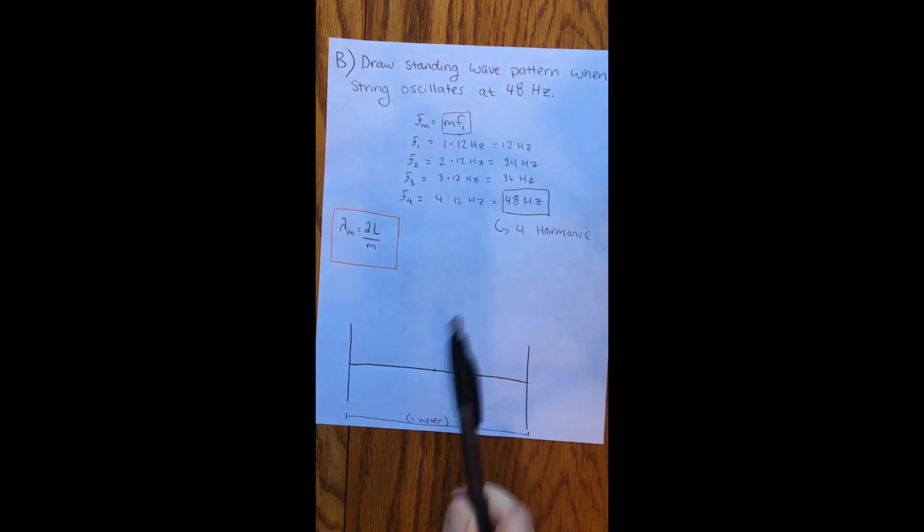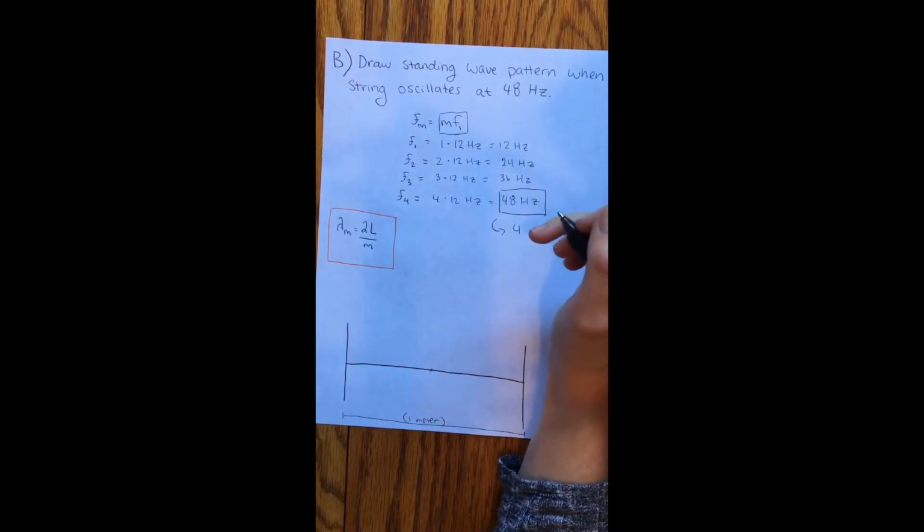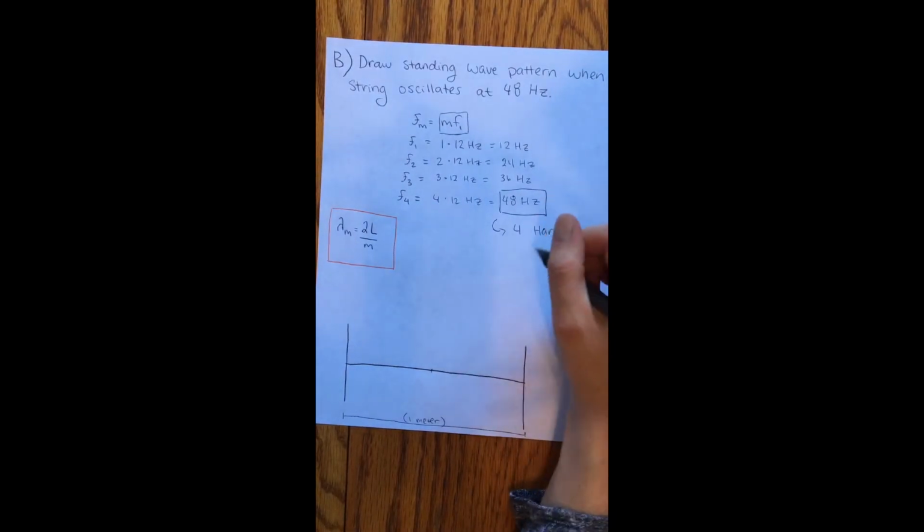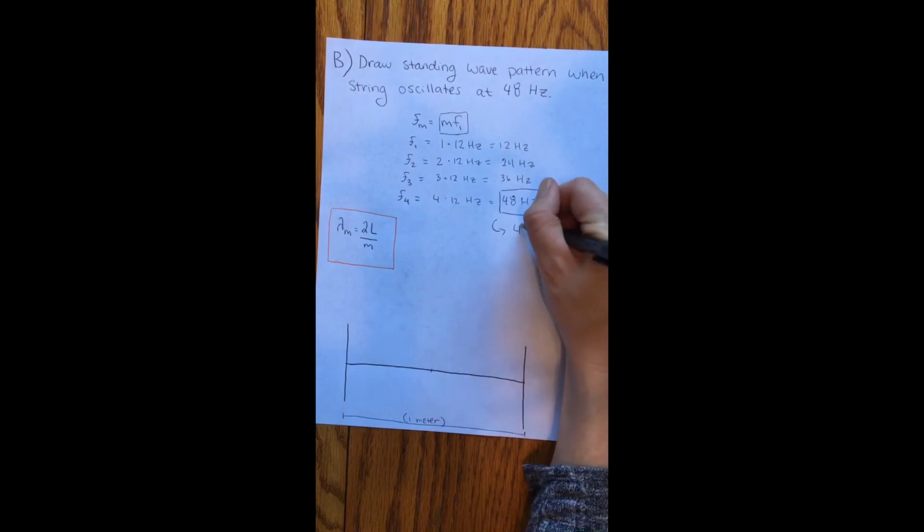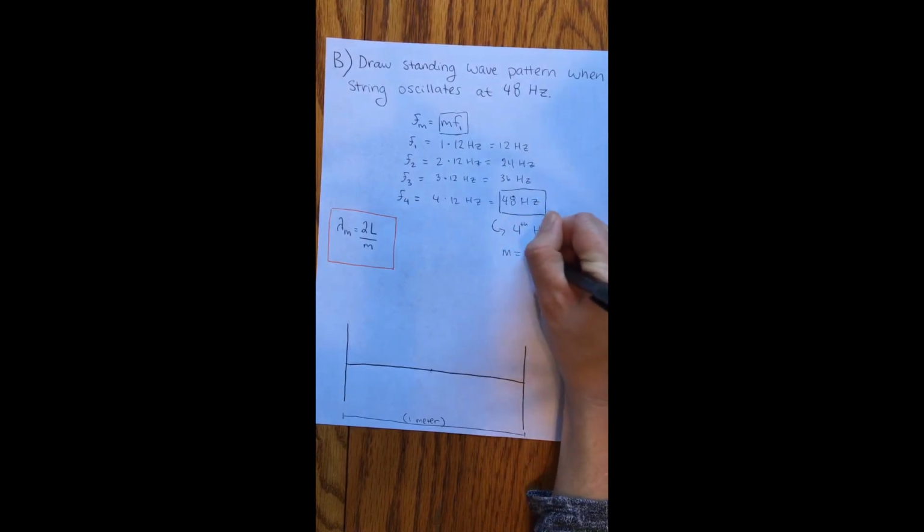So the point of this is we're trying to get a wavelength, because in order to draw this out, we need to know what the wavelength is going to be within 1 meter. So we use this formula right here, keeping in mind that if it's the fourth harmonic, that means that m is equal to 4.